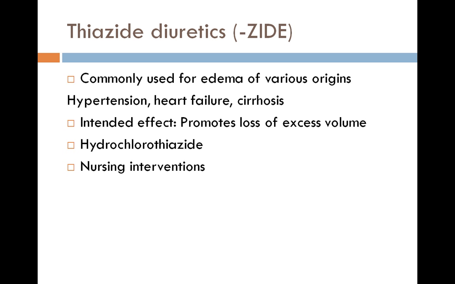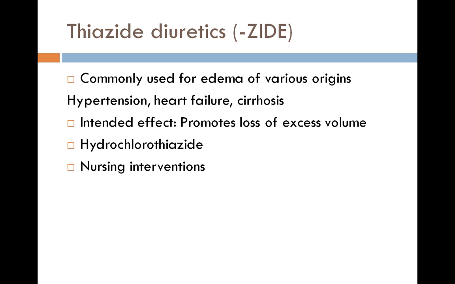I want to do a little segue at this point. We're talking about thiazide diuretics, but we also know that we have loop diuretics. Furosemide, Lasix, is one of the diuretics that we've learned about from semester to semester, and we know that these medications are potassium wasters.